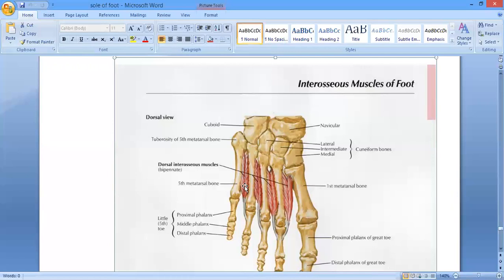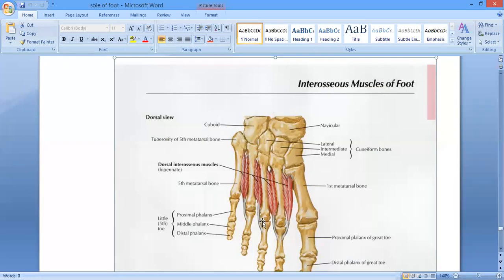The fourth one is going to be inserted over the lateral aspect of the base of the proximal phalanx of the fourth toe, right? So this is the pattern: the second toe is receiving the insertion of two dorsal interossei. The first one on the medial side, and the second one on the lateral aspect, and then the third and the fourth on the corresponding toes over the lateral aspect of the bases of the proximal phalanges.